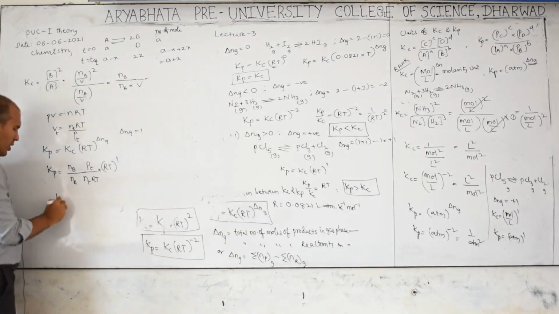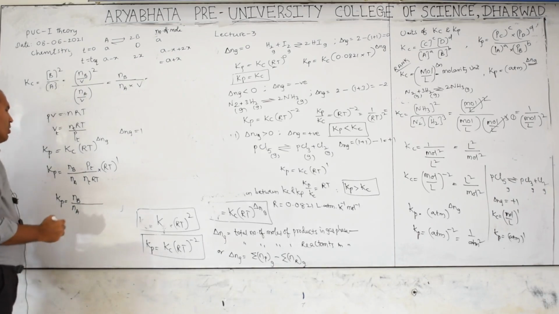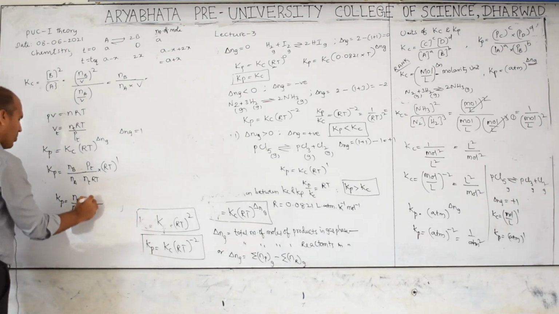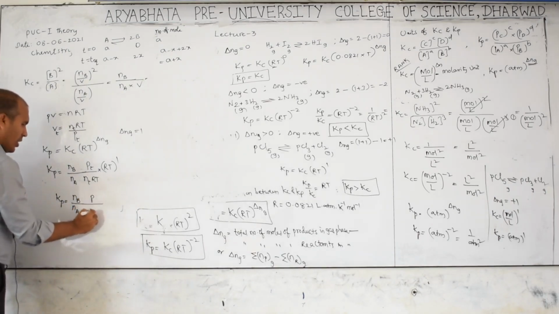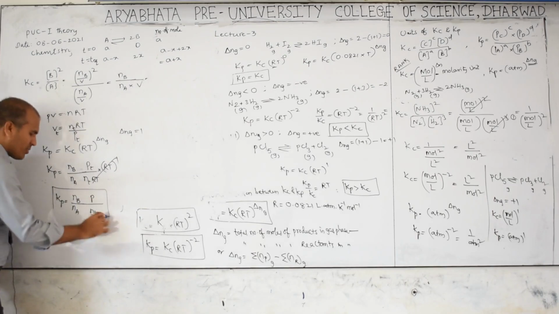So Kp is equal to Nb by Na. Then we are getting here P and Nt. This RT will be cancelled. So keep in mind this is actually with respect to one equation.